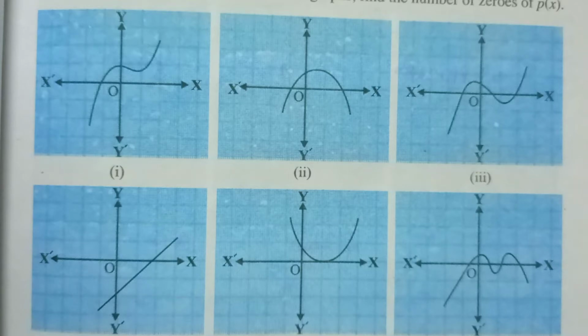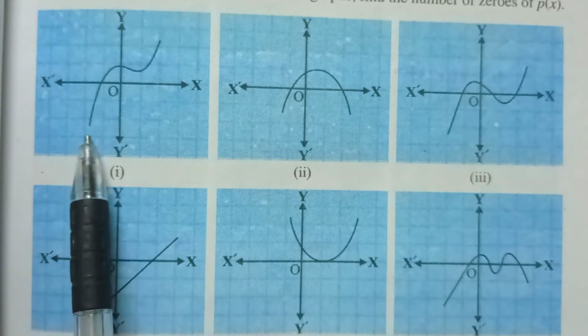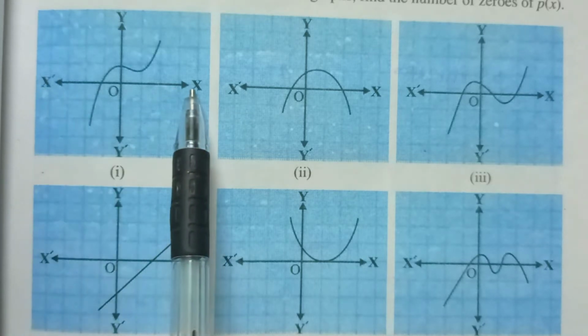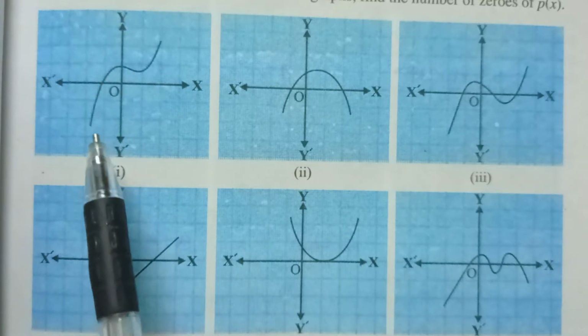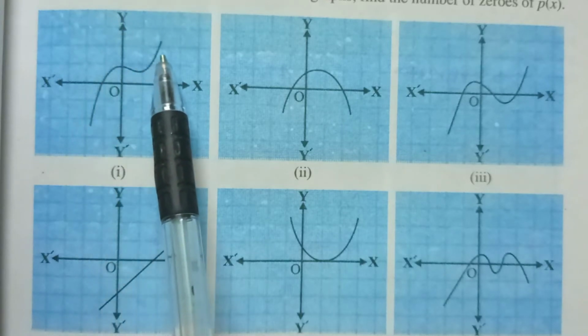Here you can see 6 graphs. From these 6 graphs you have to find the number of zeros. This is the first graph. This one is the x-axis and this one is the y-axis. The graph is going like that.